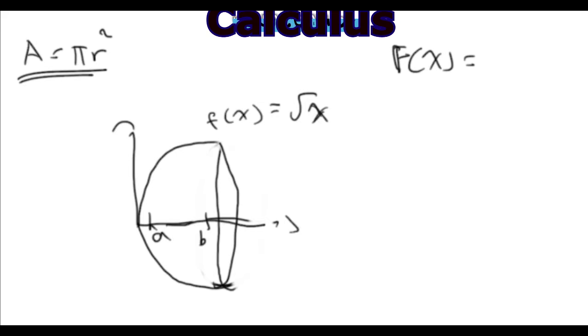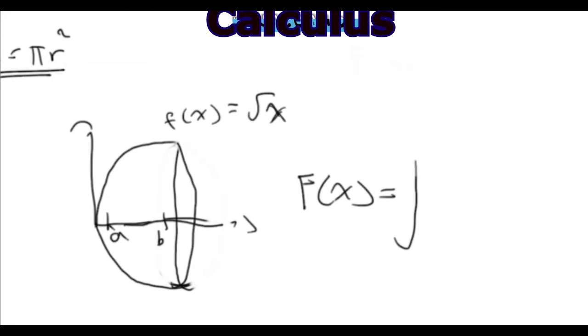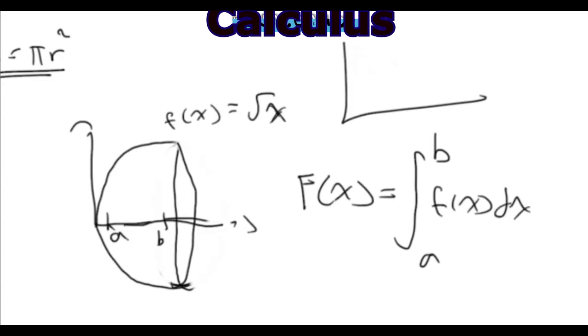The definite integral states that big F of x is equal to the integral from a to b of f of x dx, where we are basically calculating the area under the curve of this radical function, from point a to b.